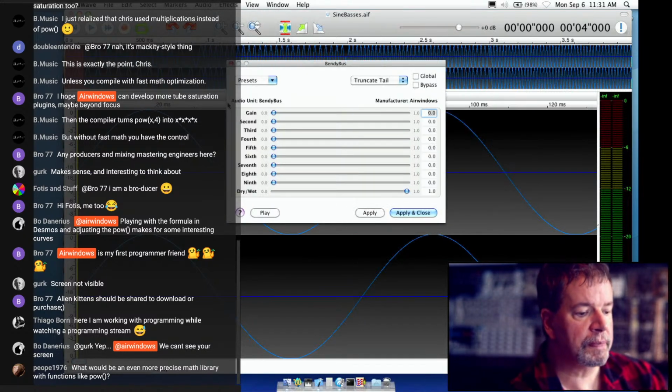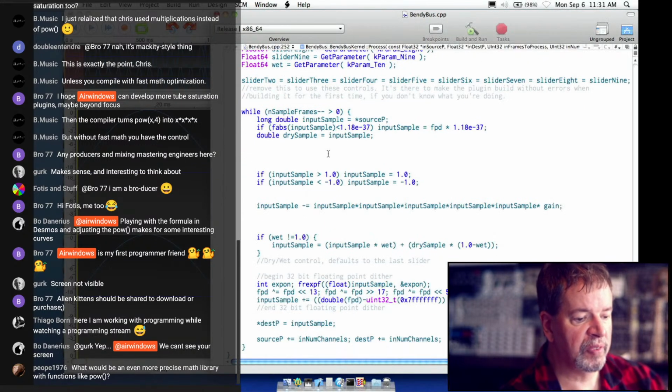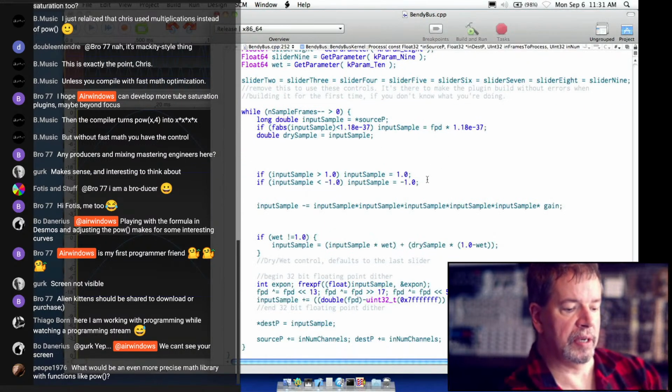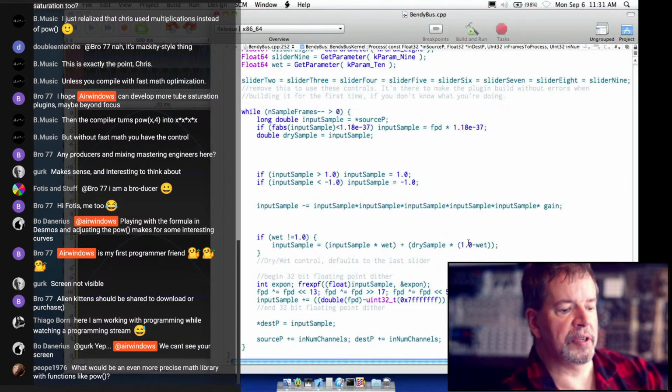We built this, and we've got this control where the other one, where McAtee does this, and then does the power function of 5 times gain.